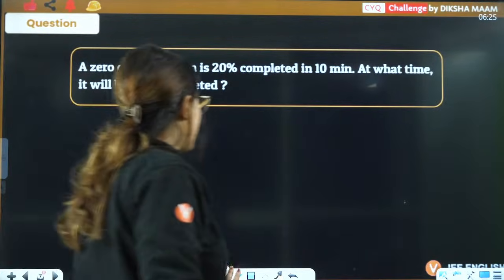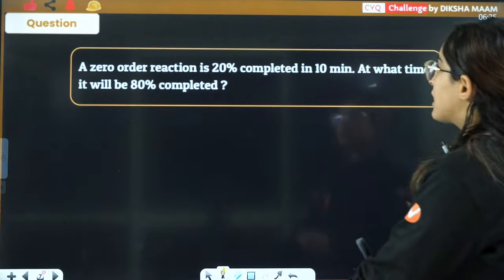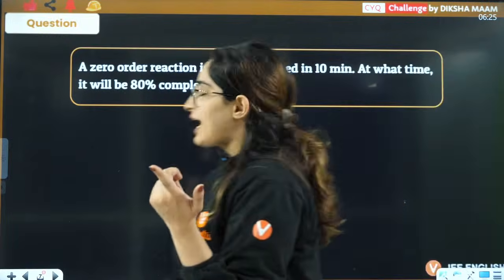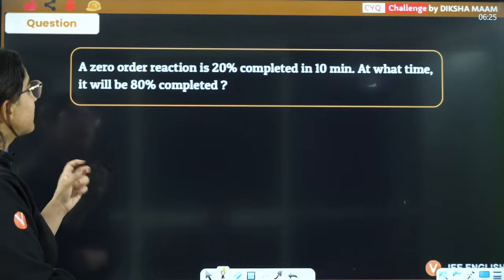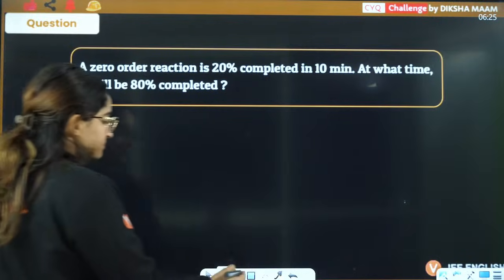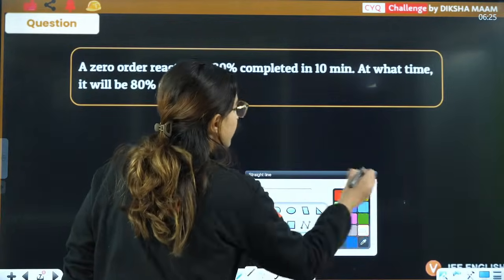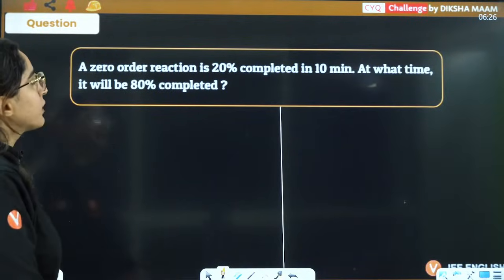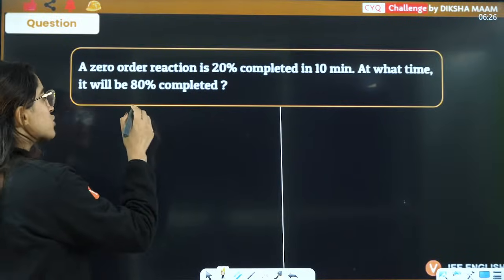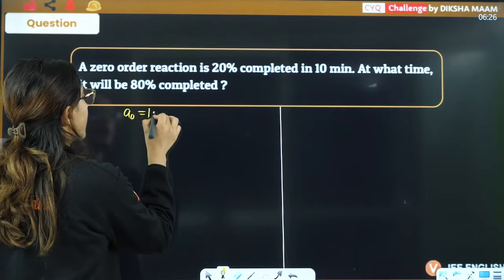Right? Now let's talk about this question: a zero order reaction is 20% completed in 10 minutes. At what time will it be 80% completed? So here they have given you two things. 20% completed. Whenever it is in percentage, always take A naught equal to 100.